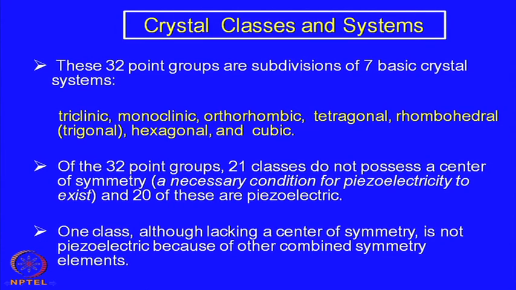Out of 32, 20 have the piezoelectric property. So, piezoelectric property is basically a common property of many minerals and crystals. Only 12 crystal classes do not have it; in principle many materials do have piezoelectric property.